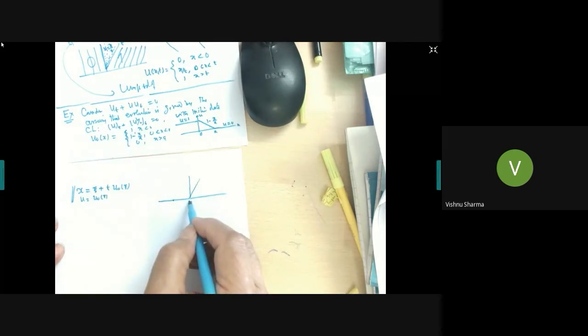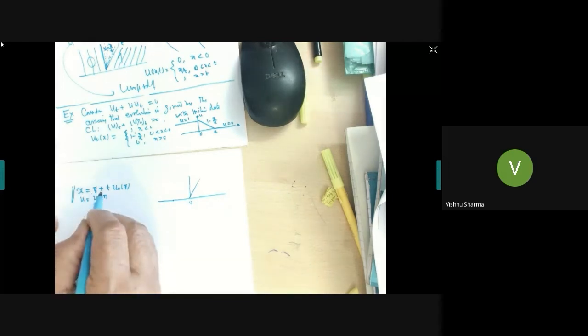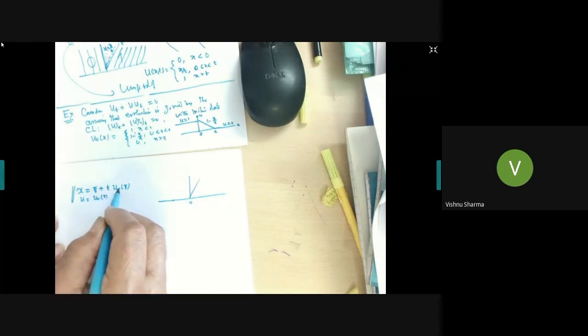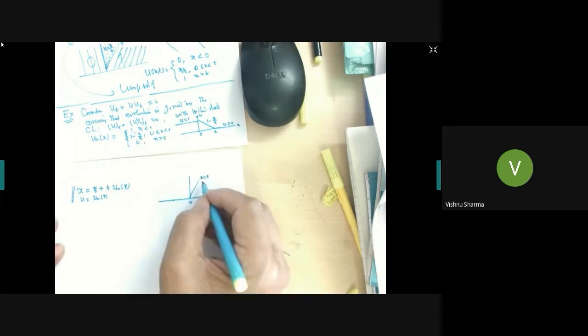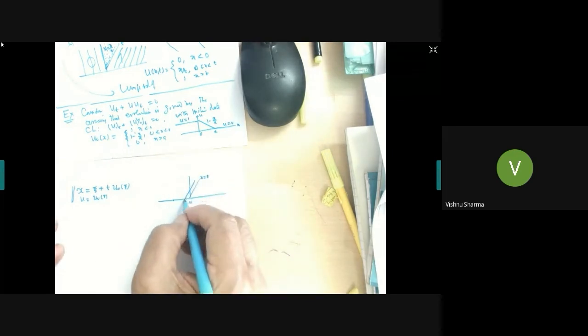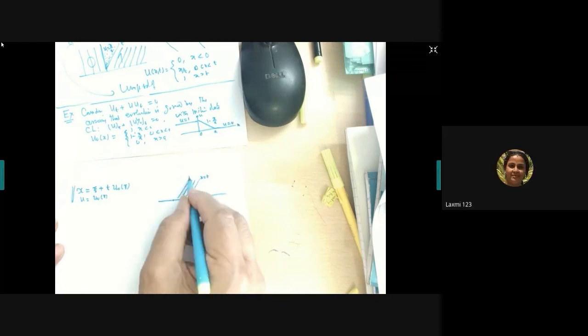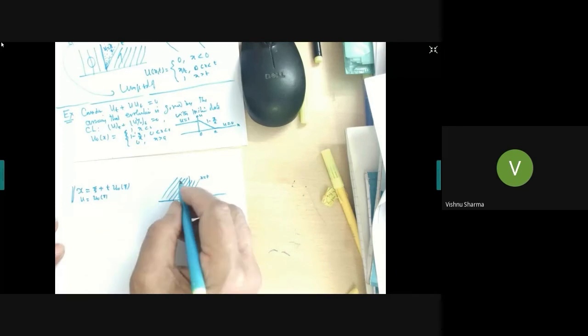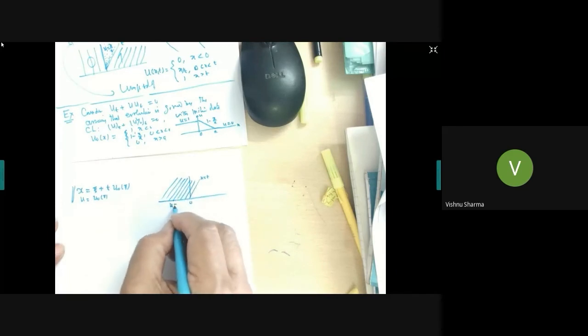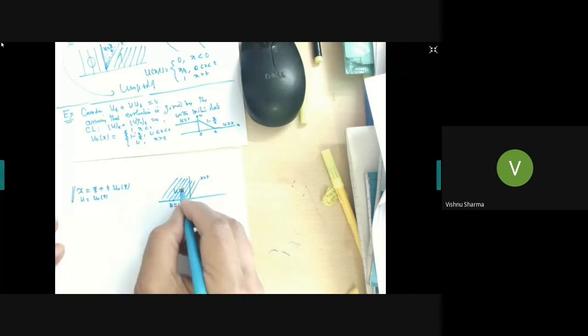At 0, xi is equal to 0, and u_0 is 1, so x is equal to t is this line. And the rest of the characteristics, these are the characteristics, and they will carry this information into the region, namely u is equal to 1.